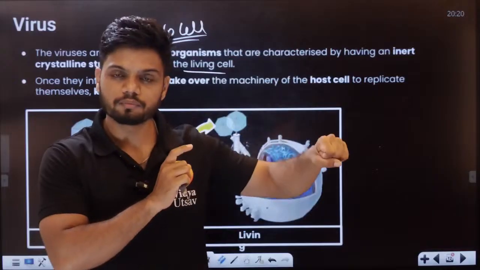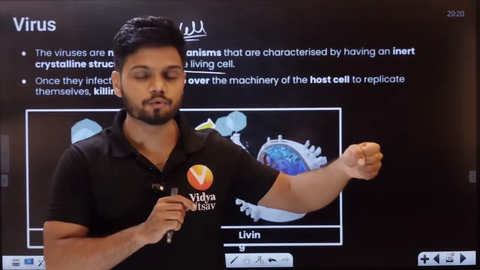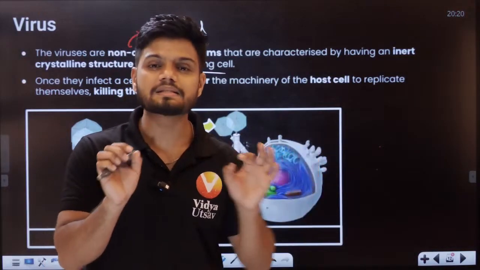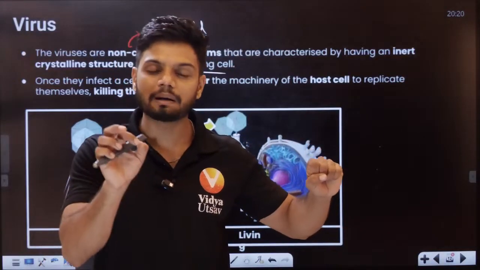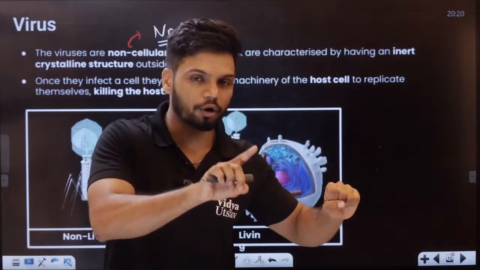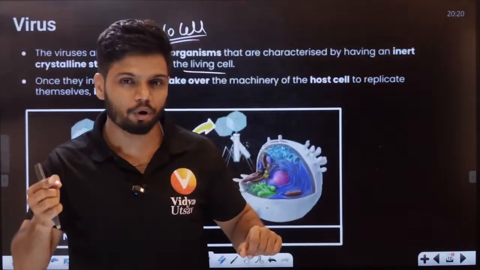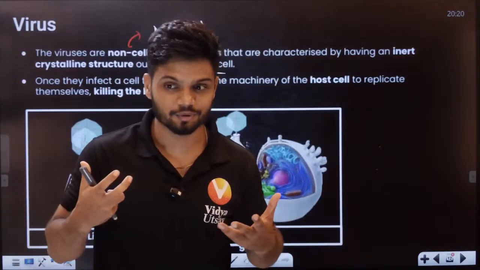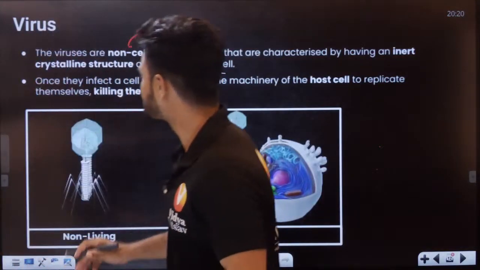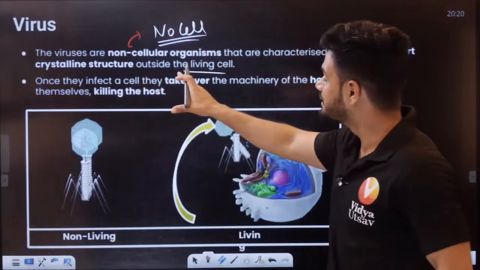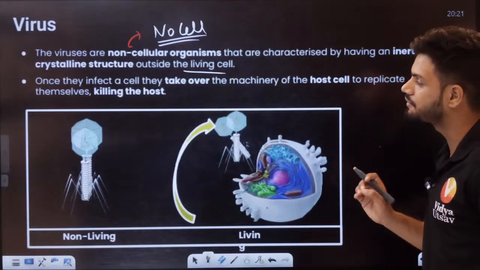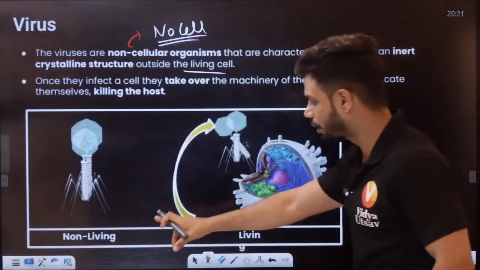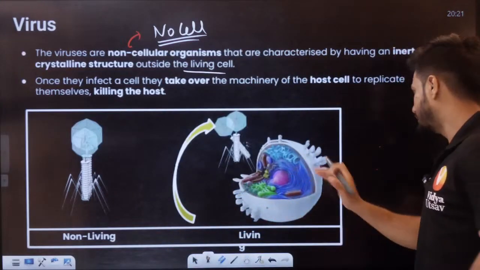It will not move, it will not reproduce, it will not grow. It is just like a particle there, non-cellular in nature. So it is completely inert outside the body, but when it is inside a living body, it becomes active. Okay, life comes into it. Okay? Once they infect a cell, they take over the machinery of the host cell to replicate themselves, killing the host. So outside non-living, once they come inside, they become living.